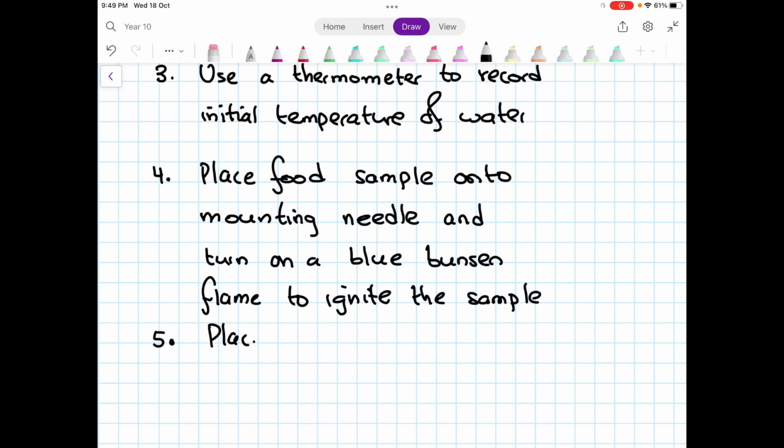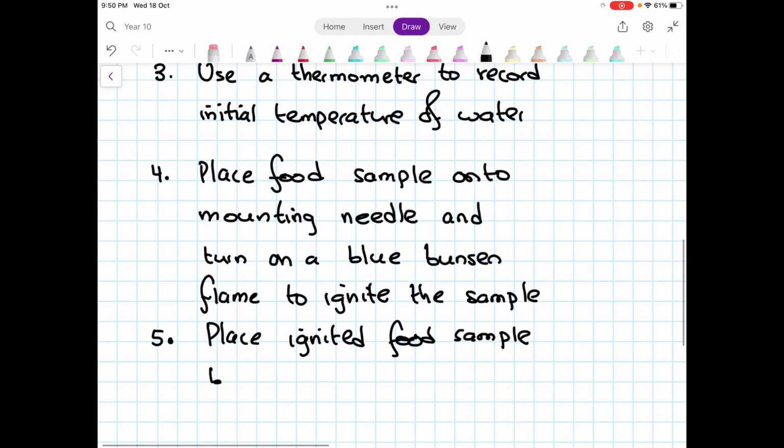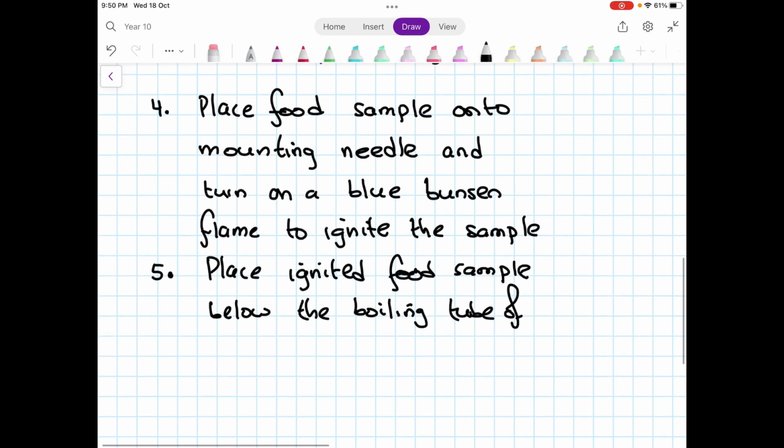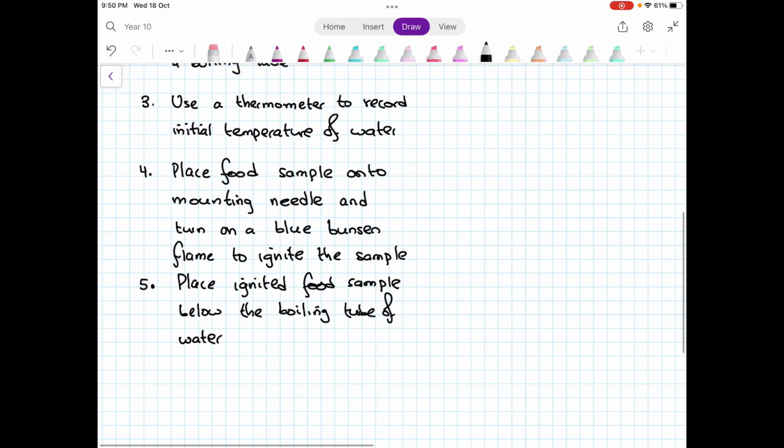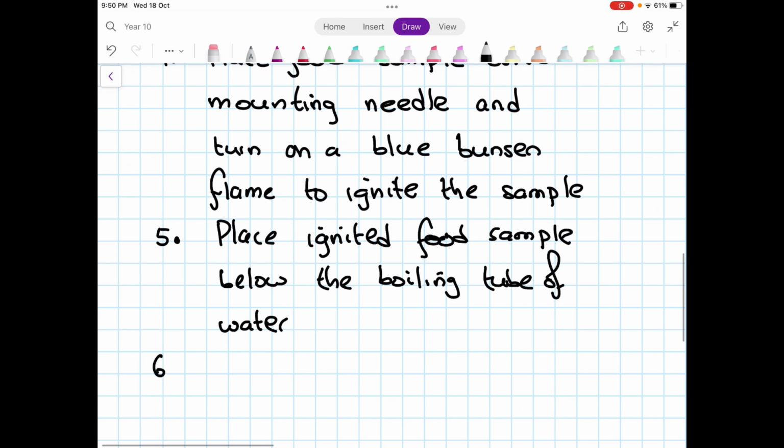And then we're going to place the ignited food sample below the boiling tube of water. And we do this until the sample can no longer be reignited.